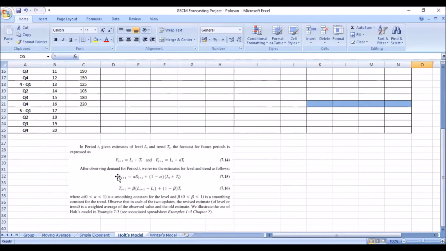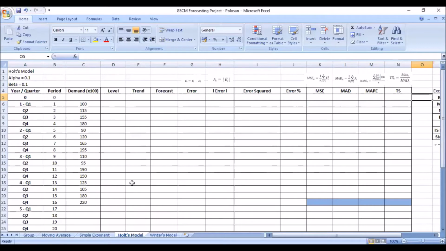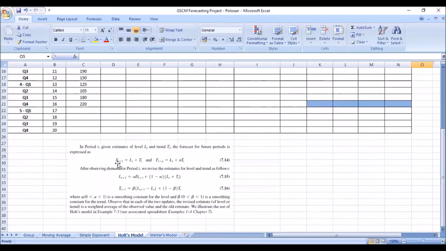It's almost similar to the simple exponential, but the difference is that we have a trend element. The trend can also be found by beta multiplied by L1 minus the initial level, plus 1 minus beta multiplied by the initial trend. And then we can find the initial level and trend using the regression formula based on the demand.